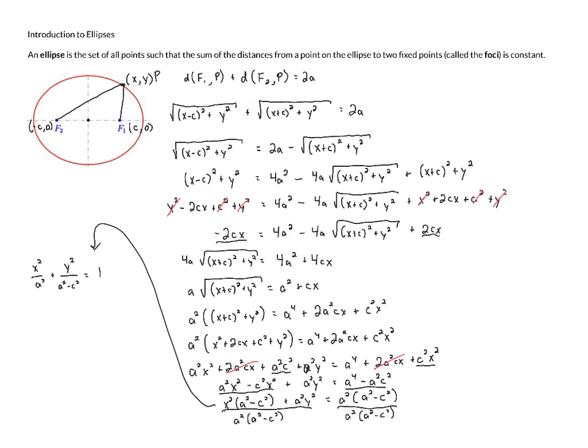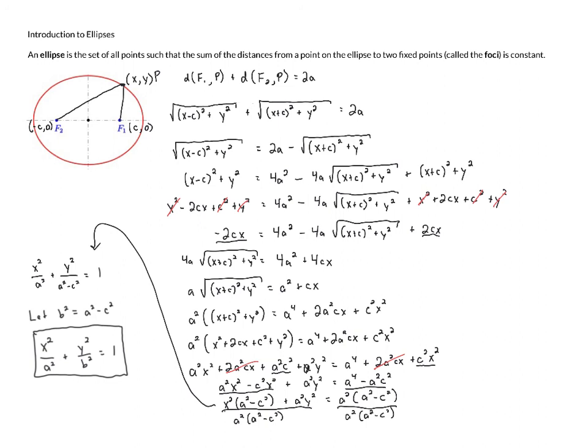For convenience sake, we're going to let b squared represent a squared minus c squared, and we'll talk about that in just a moment. And when we do that, we get something really nice: x squared over a squared plus y squared over b squared equals 1. And this is going to be the standard form for the equation of an ellipse.